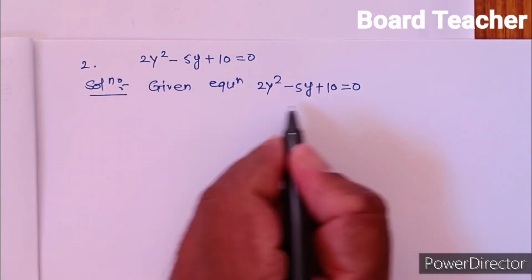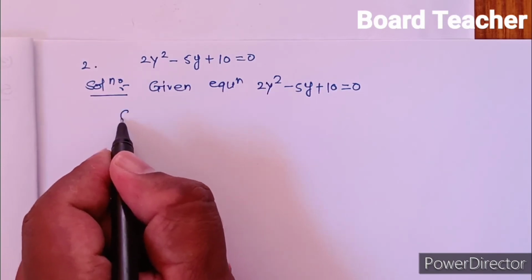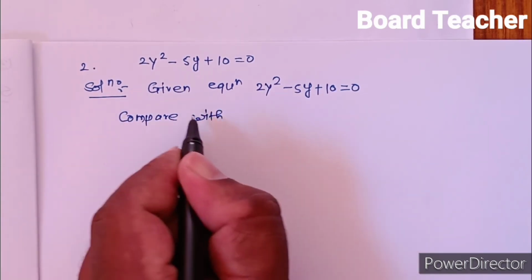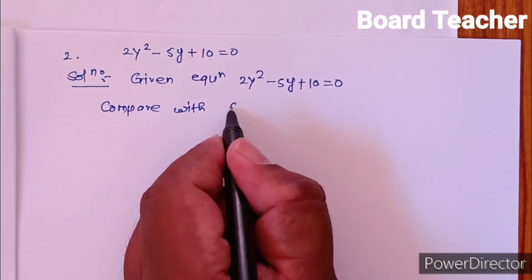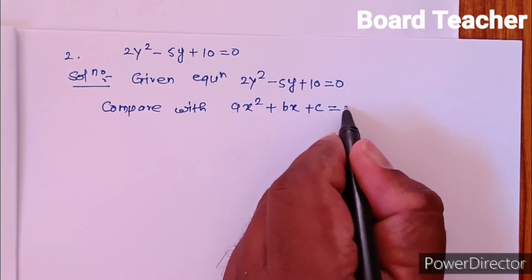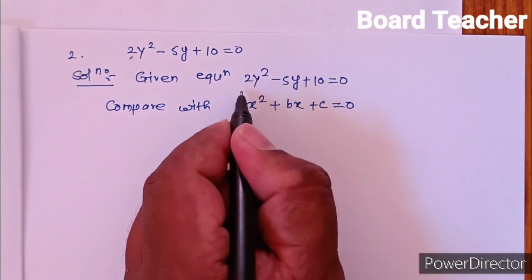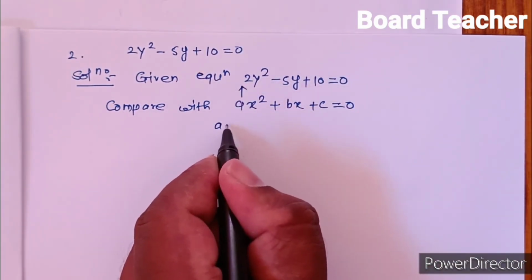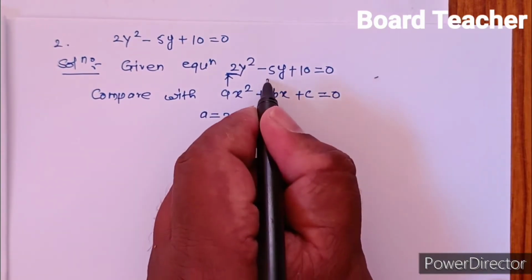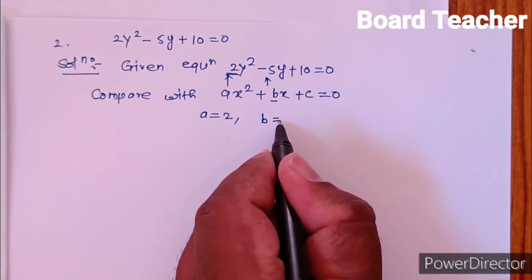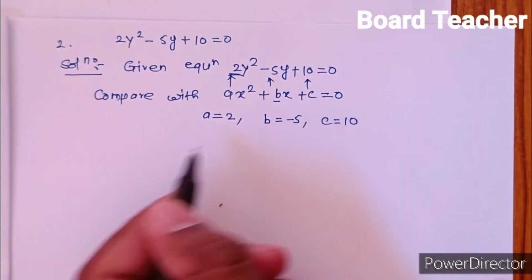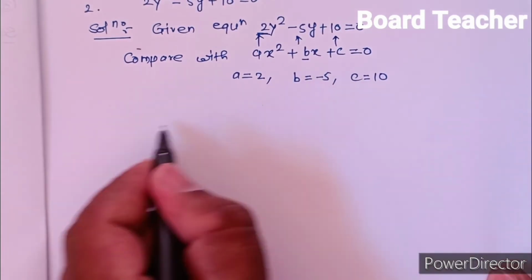Now compare this equation with the standard form of the quadratic equation, that is ax square plus bx plus c equals to 0. On comparing we get the value of a, that is a equals to 2. Here write down a equals to 2. Value of b, that is minus 5, therefore b equals to minus 5, and value of c, that is c equals to 10. Now we have to find the value of discriminant.